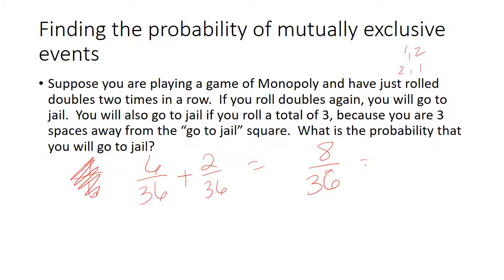And when we reduce that down, we can reduce it by a 4. All right, so if we reduce that by a 4, we would end up with a 2/9. So you got 2 in 9 chance, which if we take that and make it a decimal, would be 0.22. So 22% chance that you're going to go to jail on your next throw of the dice.